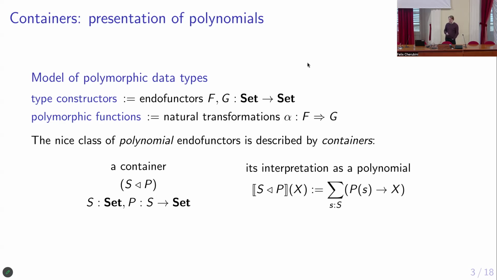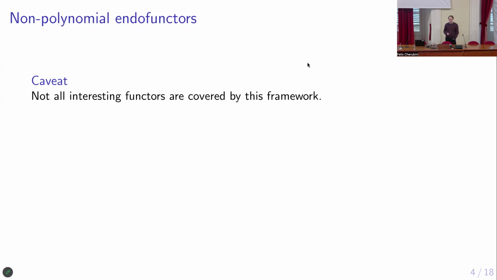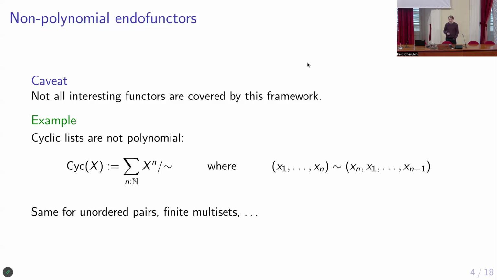That's fairly well established. But sadly, not all the interesting functors that we want to look at fit this framework, because the shape of these is kind of constrained. Think, for example, of something like cyclic lists. Here is a way of defining a functor that produces the cyclic lists on a set X. You take a sum of n-tuples modulo some relation generated by a cyclic shift.